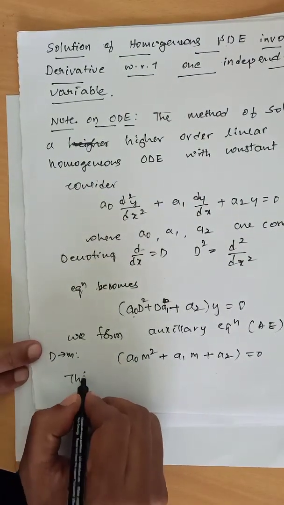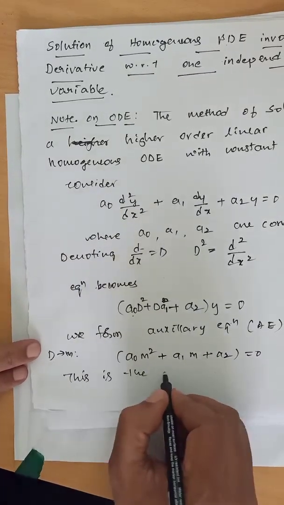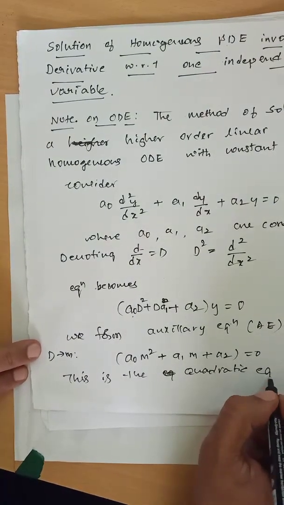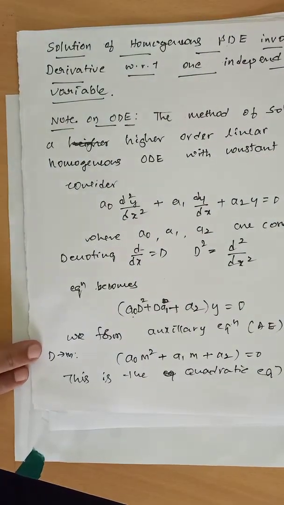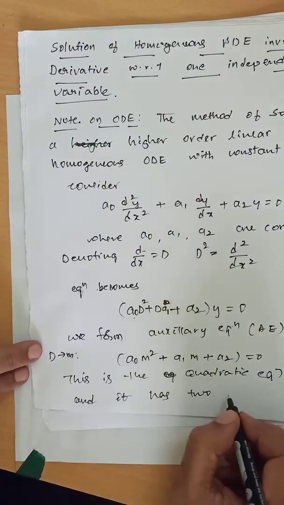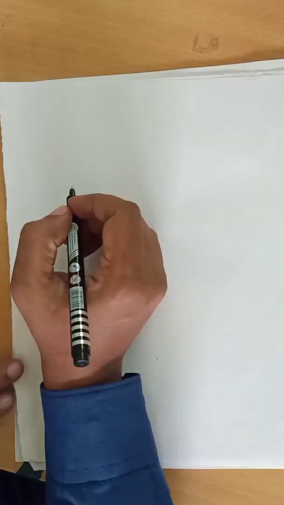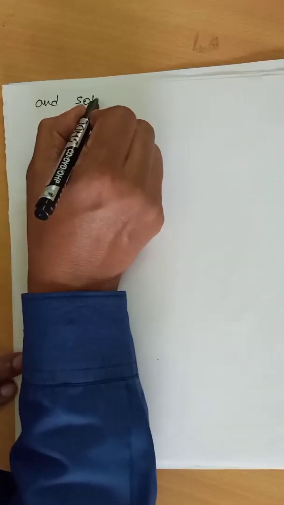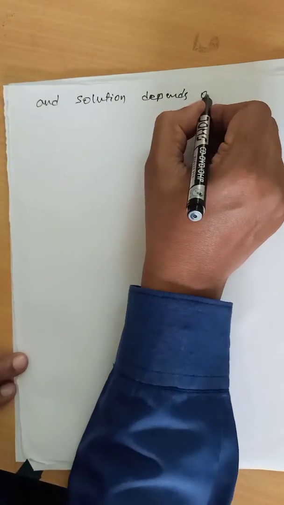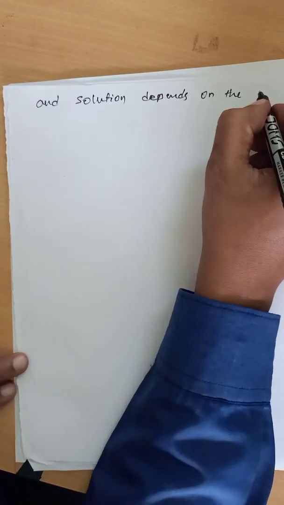This is the quadratic equation because the highest degree is 2 and it has two roots, and the solution depends on the nature of the roots.